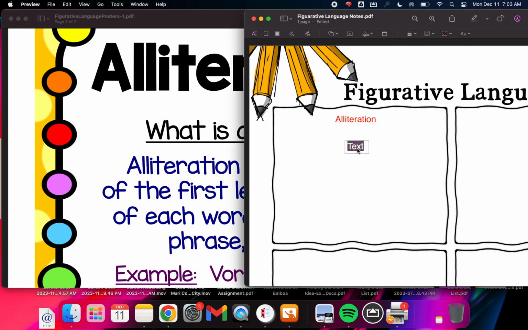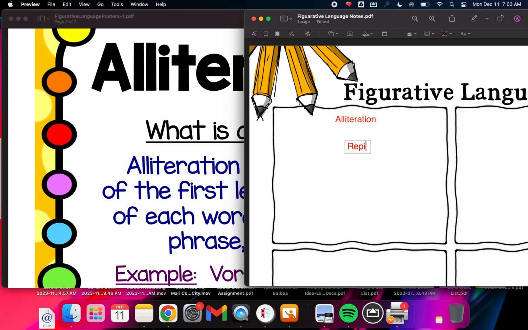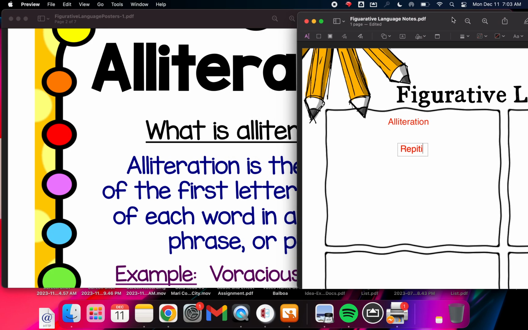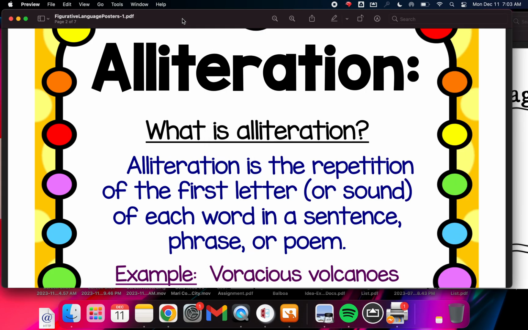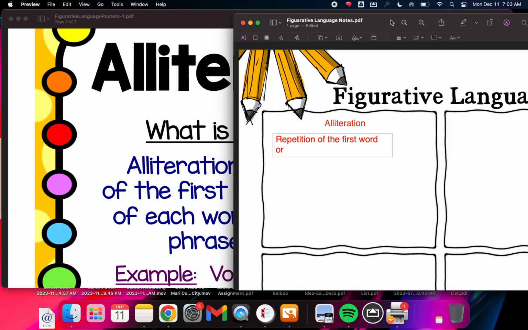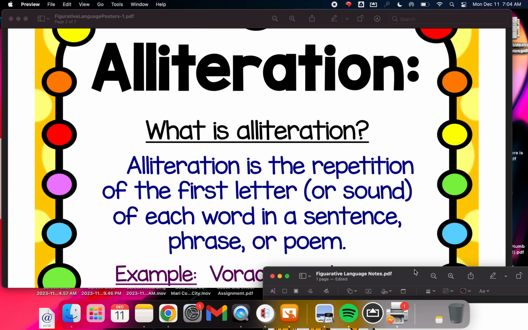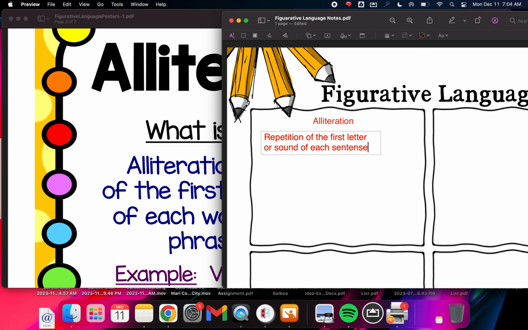On my notes here, I'm not going to write alliteration again because I already have that at the top, but I'm going to put repetition of the first letter, not word, or sound of each word in a sentence, phrase, or poem.